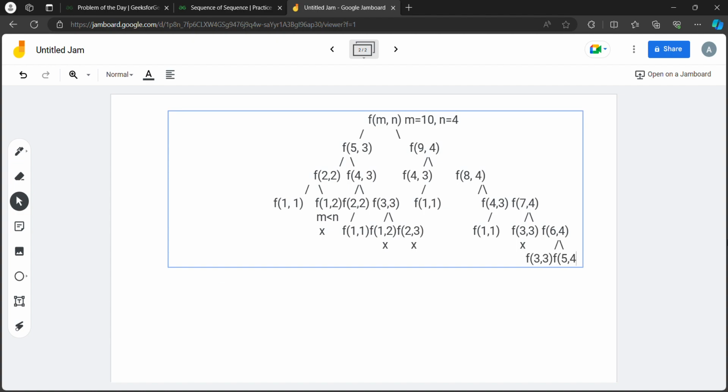Okay, for the 3 comma 3, it is not acceptable because I have seen in previous steps. Okay, it is not acceptable. For the 5 comma 4, what we need to do, first we need to check for the acceptable case.